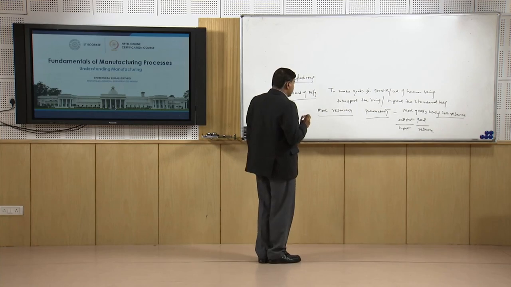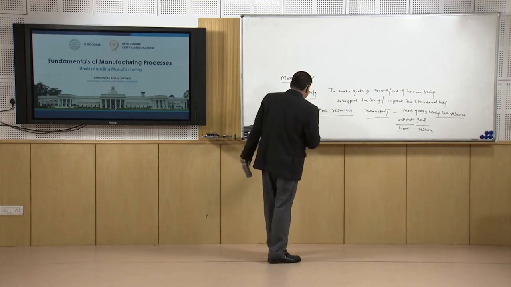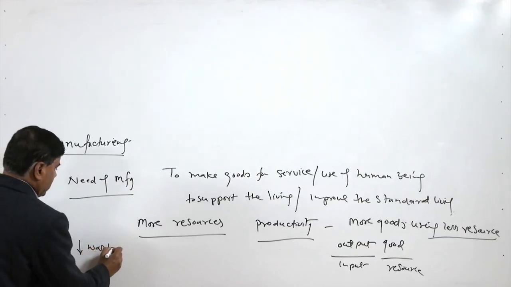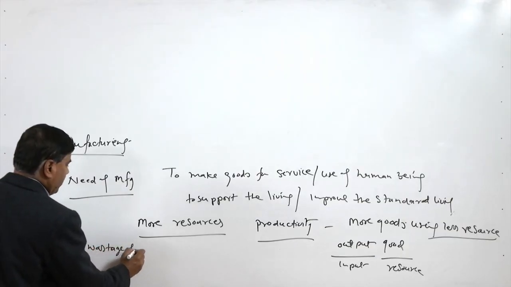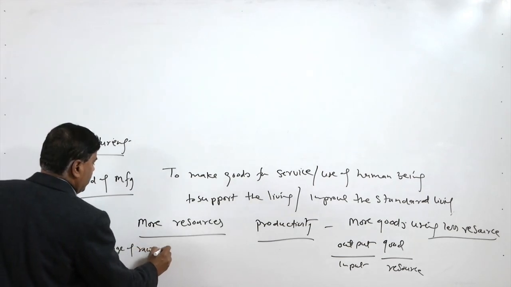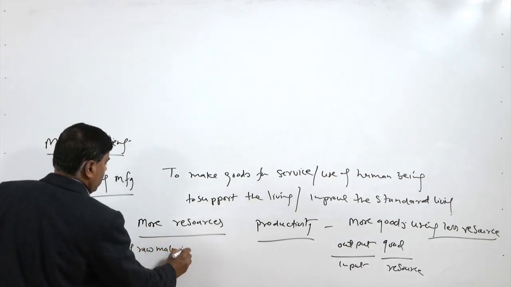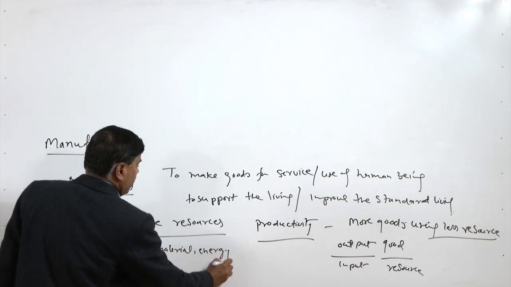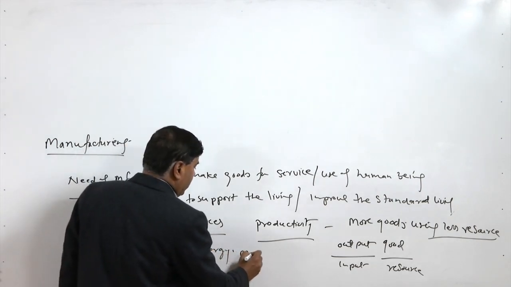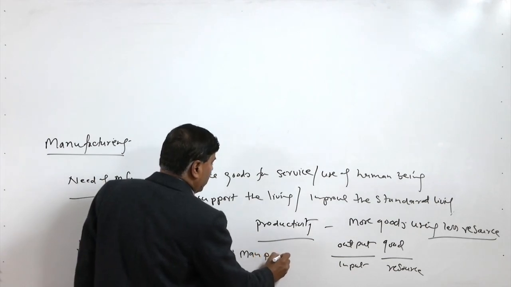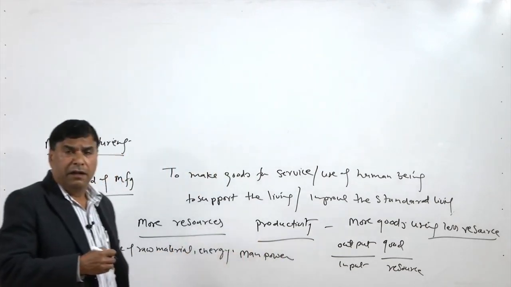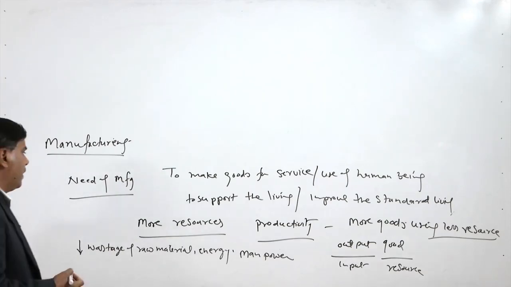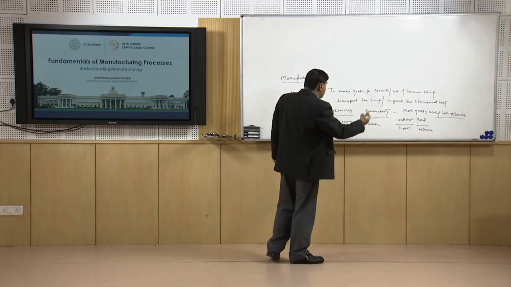For this purpose, what we need to do is reduce the wastage of raw material, energy, manpower, or whatever resources are being used as input for producing the goods.